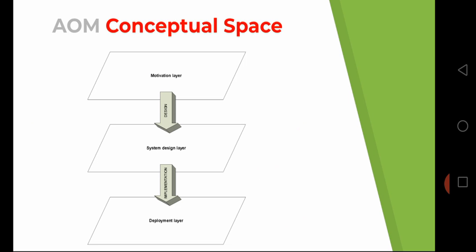Okay, basically the AOM concept is divided into three: the motivation layer, the system design layer, and the deployment layer. The motivation layer is where the goal model is located, and in the second layer we will be discussing the behavior model, which is the platform independent model.